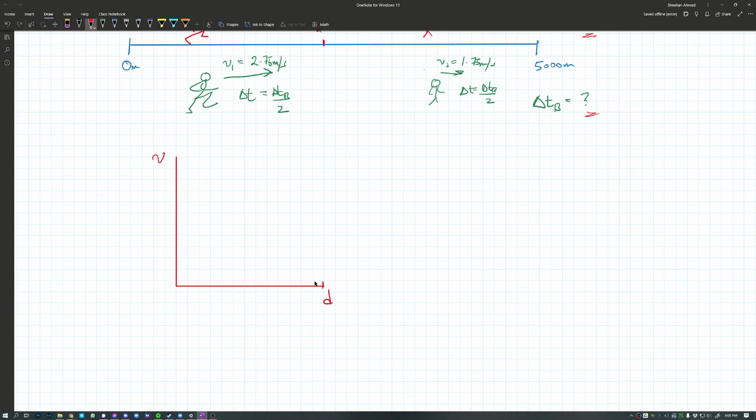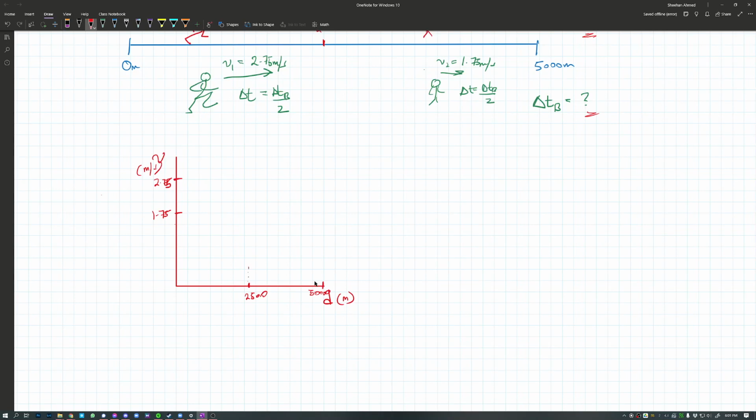Like, we could say this distance, distance in meters. Well, this distance can be 5,000. I can mark a distance as 2,500. Velocity is in meters per second. And there are two velocities that we care about, right? There's the 2.75, and then there's another one, which is like 1.75 meters per second.